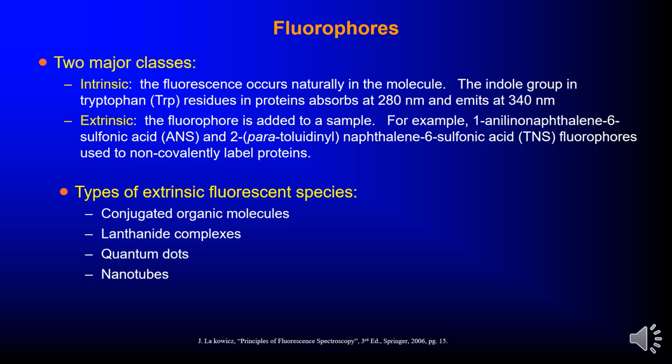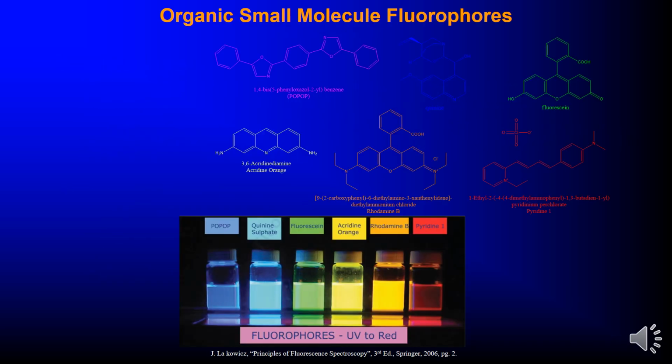Types of extrinsic fluorescent species: we have conjugated organic molecules, lanthanides, coordination complexes, quantum dots, and nanotubes. So you can see here some of these molecules that have fluorophores.